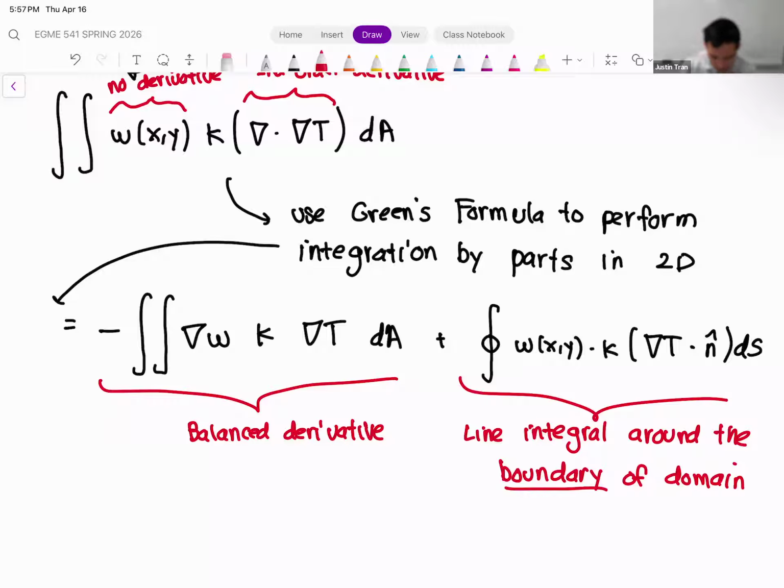All right, so we're almost there. So, that was kind of the big step, applying our integration by parts. Now, another thing that we're going to do here before we combine this together, we have this expression here, the k times the gradient of T dot product with n. That should look familiar because that right there is the expression for our heat flux Neumann boundary condition.